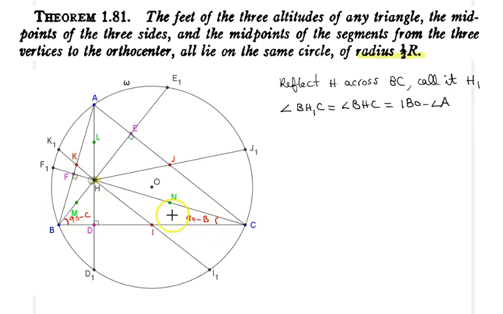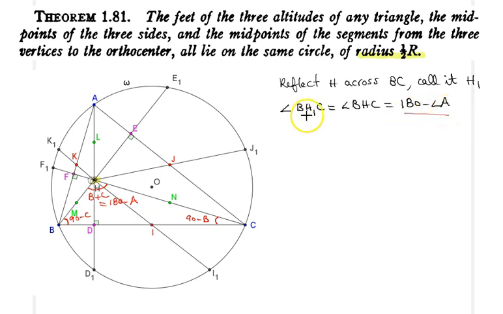Now going back to triangle HBC, this third angle here would be simply, they should add up to 180, so therefore it would be simply B plus C. But B plus C in triangle ABC is nothing but 180 minus A. So this establishes our result.